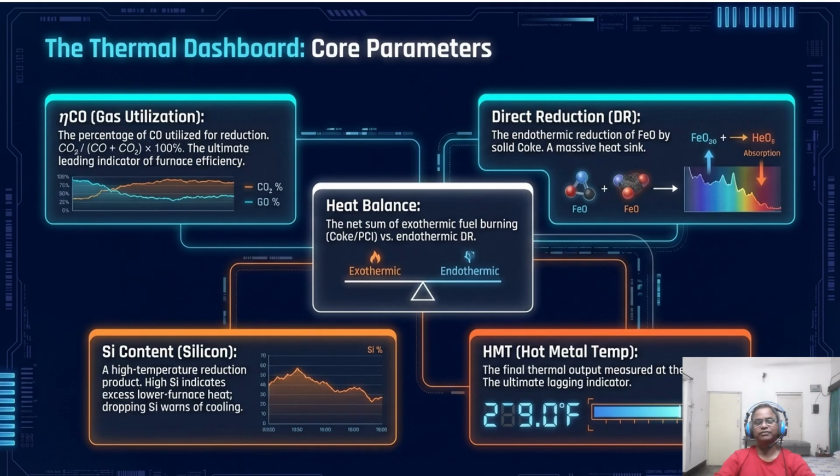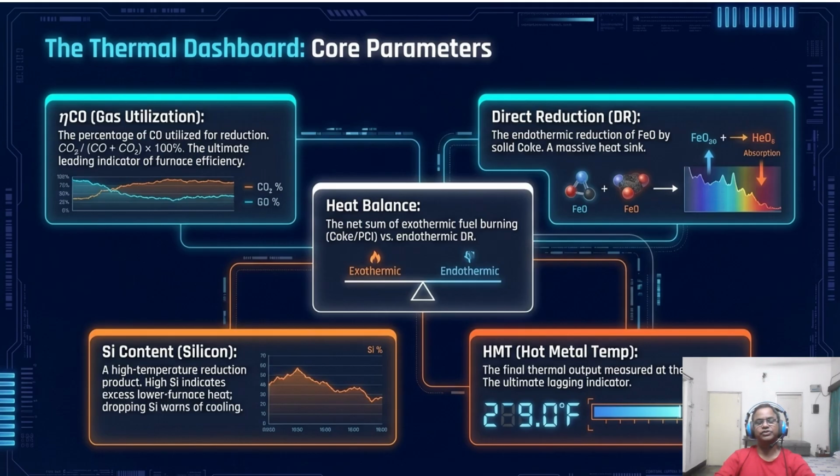Then we have direct reduction, or DR. This is a massive heat sink where solid coke reduces FeO. Now in the center you will see the scale. We are balancing exothermic fuel burning against the endothermic direct reduction. Finally, look at the bottom. We have silicon and hot metal temperature. These are lagging indicators.